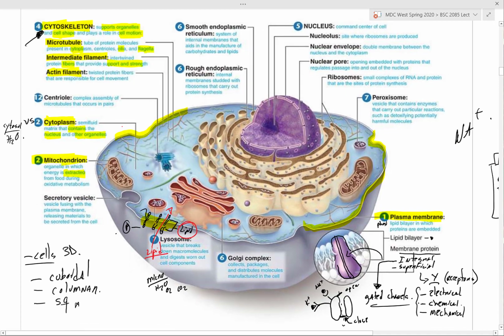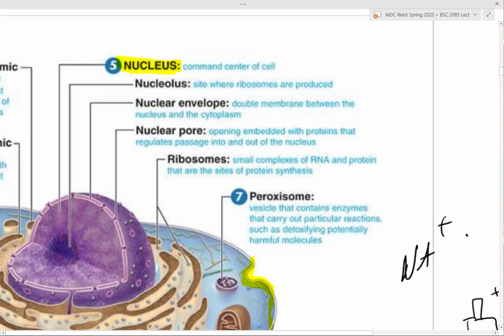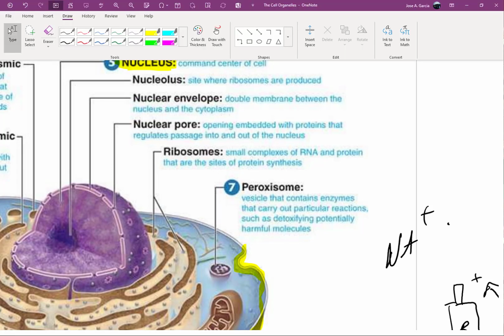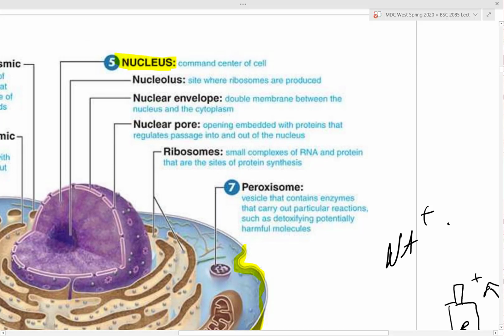The next one we're going to talk about is your nucleus. So what about the nucleus? The nucleus is the command center, so everything happens there. In the nucleus, you're going to have what inside? You're going to have DNA. DNA is going to be made out of what type of sugar? Deoxyribose. Guys, don't forget what you already learned, right?